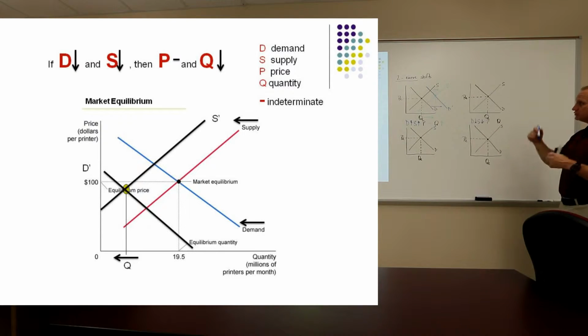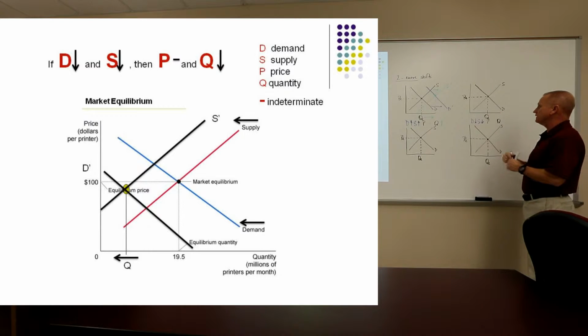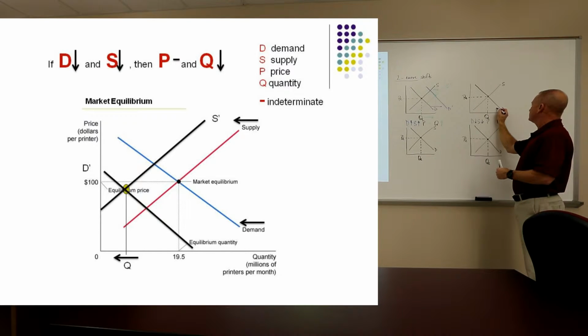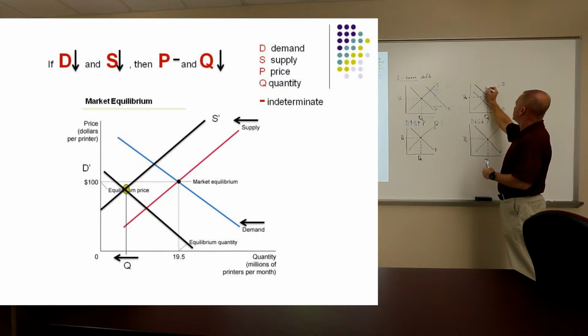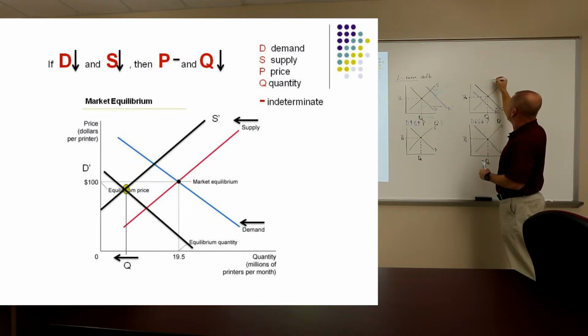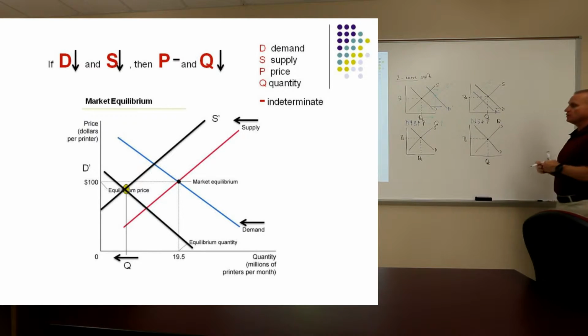Well, again, we'll shift the demand curve. We'll use blue for demand. Demand will shift to the left. That's a decrease. And the supply curve will shift to the right, or to the left, sorry. So they both decrease.